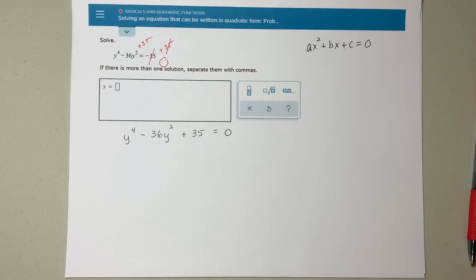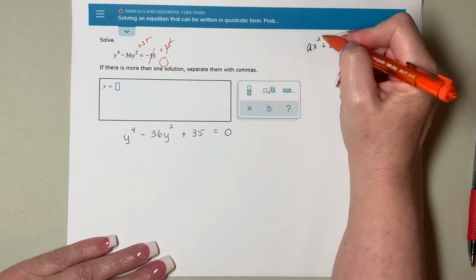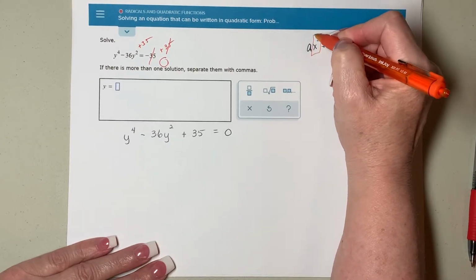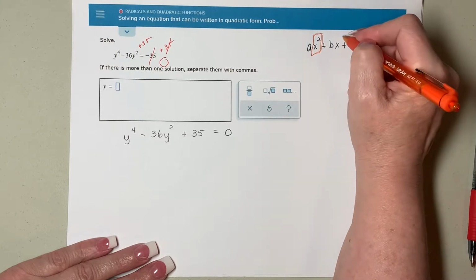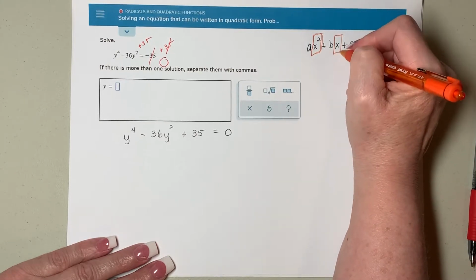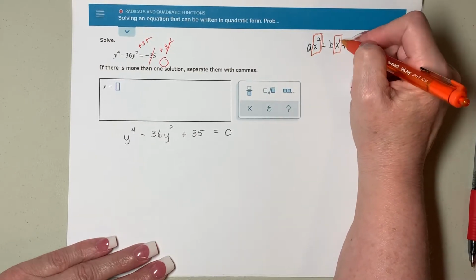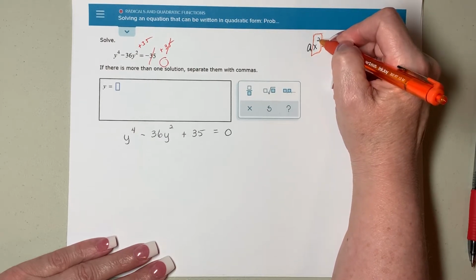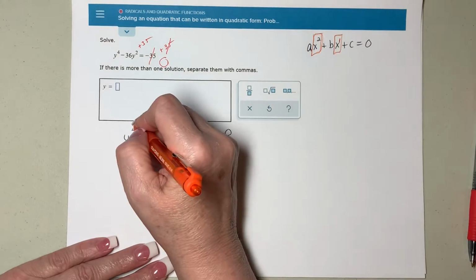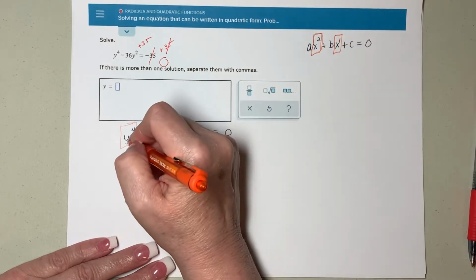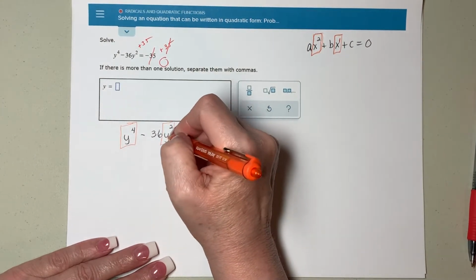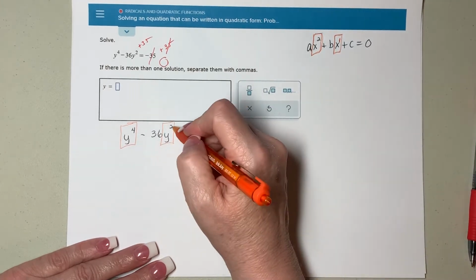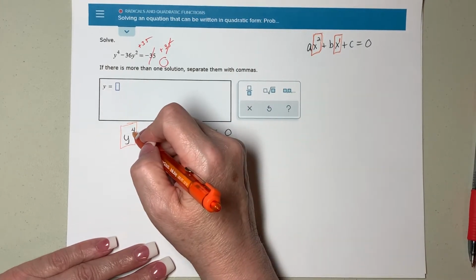Okay, let me go back over here again. When you look at this x squared right here, this right here is x to the 1st. 1 is half of 2. Well, when you come over here and look at this, y to the 4th and y to the 2nd, 2 is half of 4.